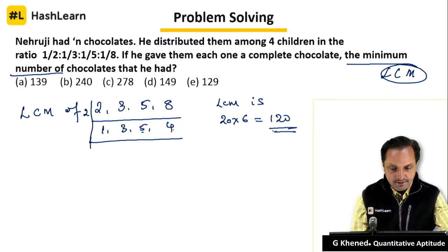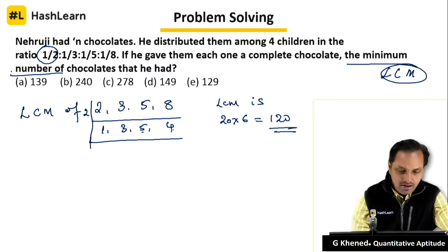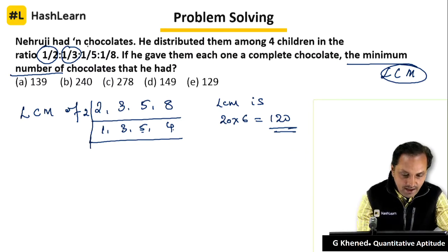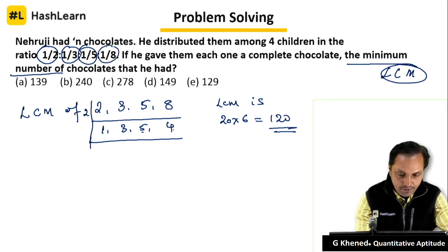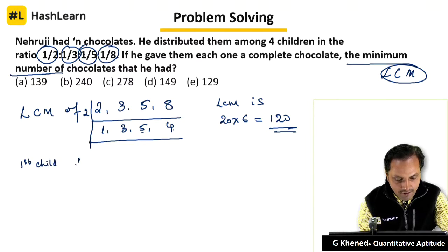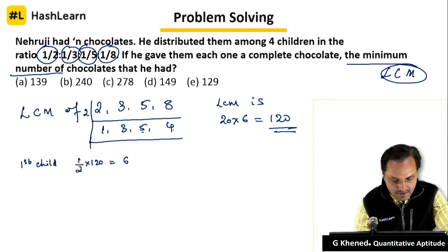The 4 children are there. The first child will have 1/2, the second 1/3, the third child will have 1/5 and the fourth one will have 1/8. So can I say your first child will have 1/2 of 120. What is 1/2 of 120? It is 60.